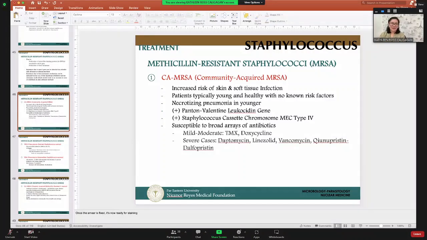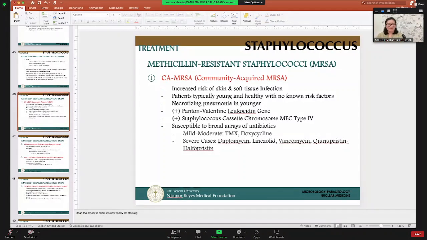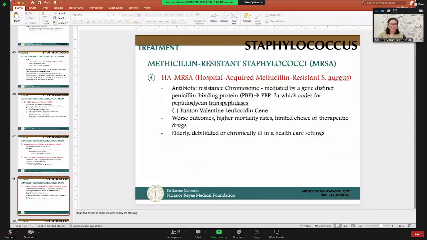So for community-acquired, these are due to the Panton-Valentine leukocidin gene and the staphylococcal cassette chromosome or the MECA gene. Unlike the other one, it doesn't have this leukocidin gene.